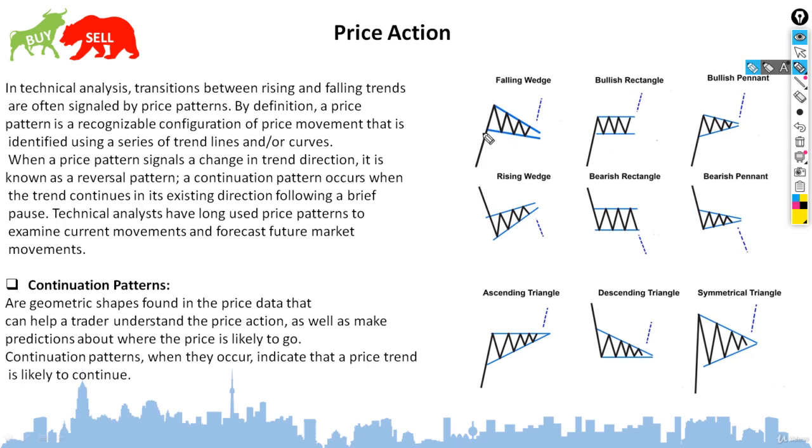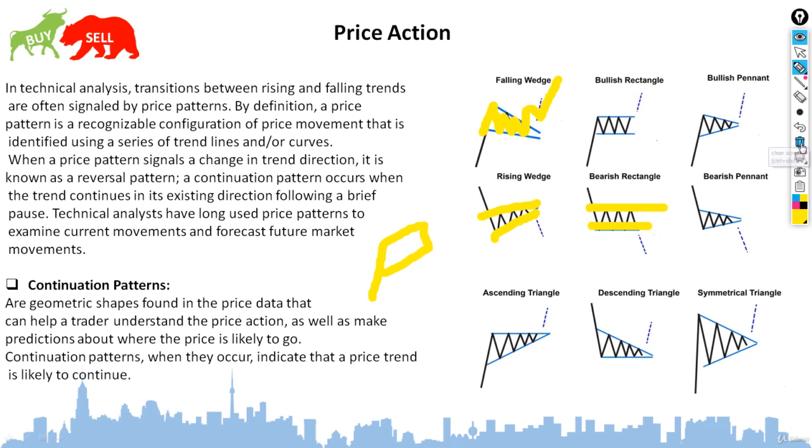That means the market will make a brief pause, then break out of the flag or the triangle to continue its uptrend, and it's the same case for a downtrend. This is a triangle or a rectangle, or what we name a flag. Like this, if it goes like this, it's like a flag.